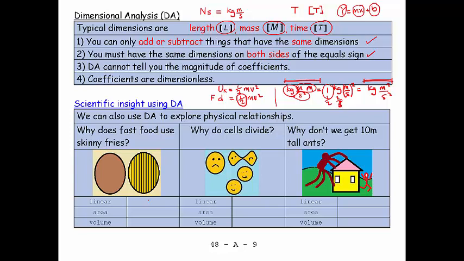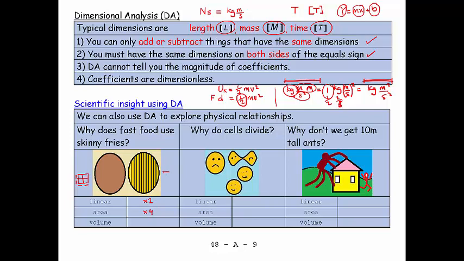If you take any object and you give it an increase in dimension, let's say we're going to double its height, its width, and its depth. If I double the height and the width, I have 4 times the area.